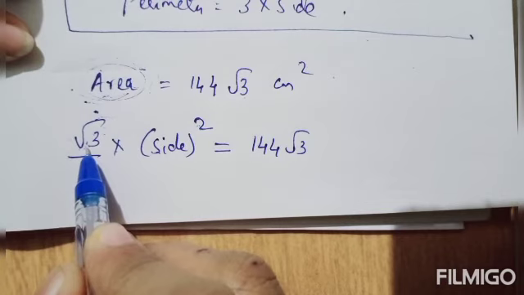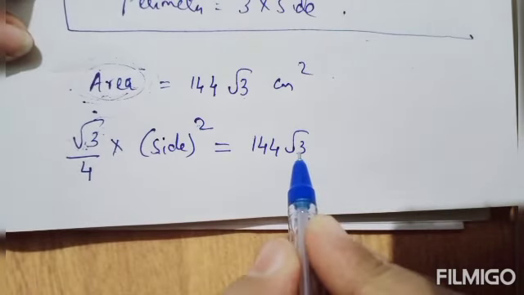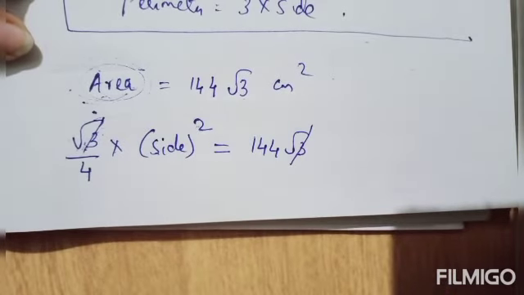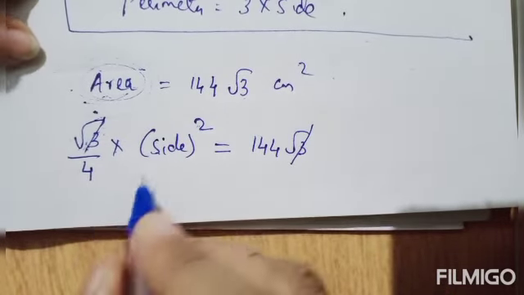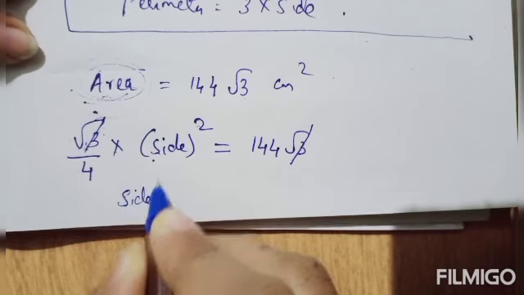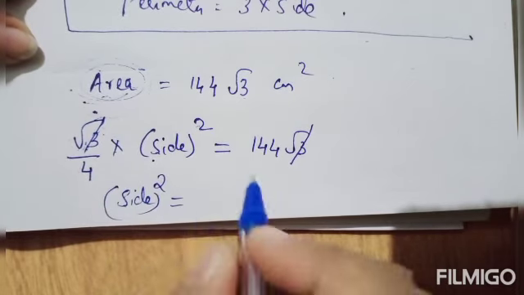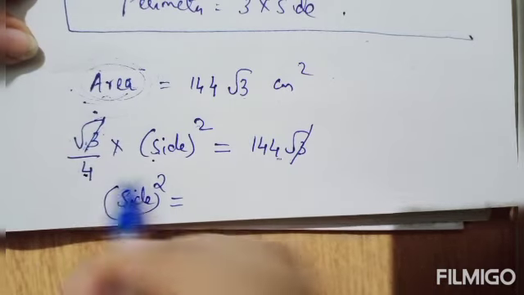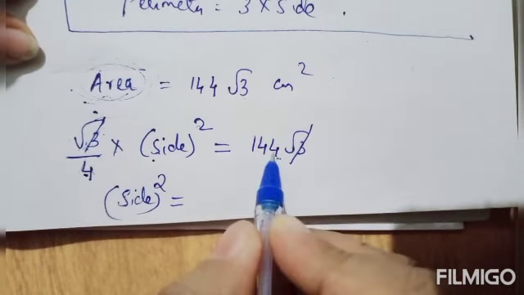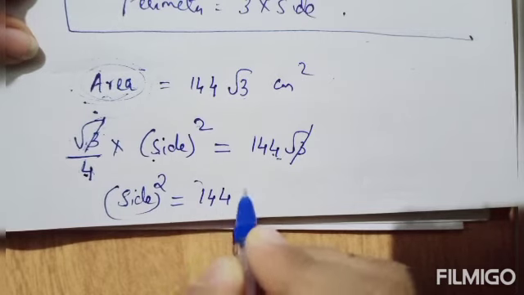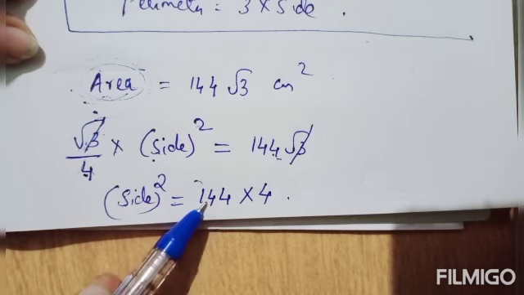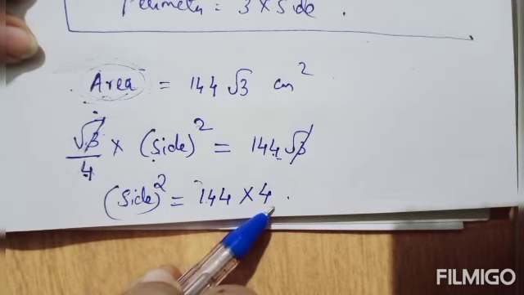Here on the left side root 3 is coming, on the right side also root 3 is coming, so you can cancel that too. Now the remaining: side square equal to, this 4 you can take to the other side. Divided by 4 on taking to the other side, it will be multiplication by 4. Side square equal to 144 into 4 you will get.